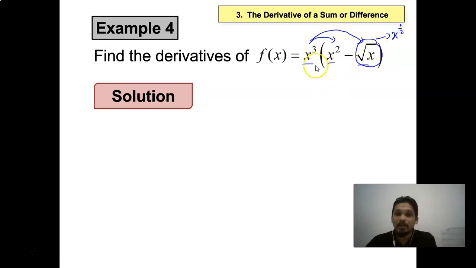So if we expand first, the multiplication, the index plus: x to the 3 plus 2 equals 5, minus this one here, x to the 3 plus 1/2. We simplify: 3 times 2 equals 6/2 plus 1/2, which is equal to 7/2. So x to the power of 7/2.